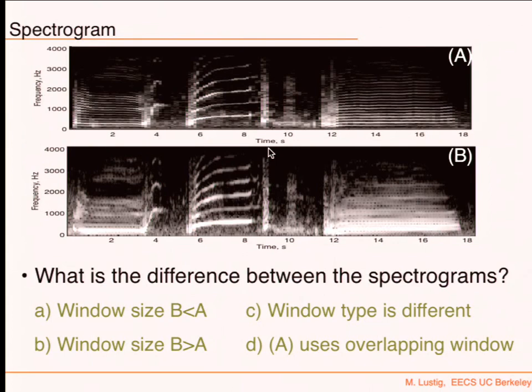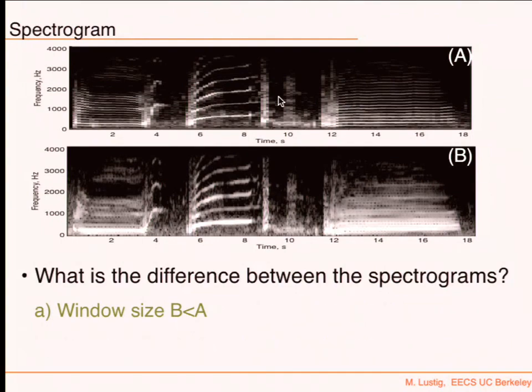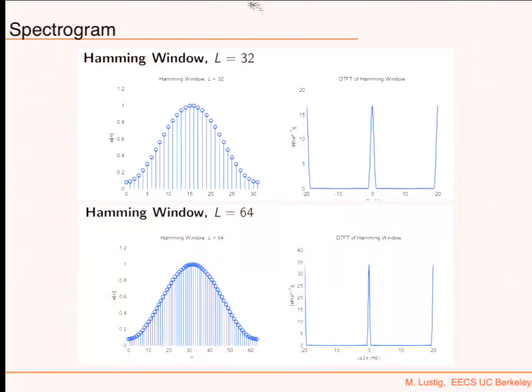But we lose some resolution in time, and there's some variation here that we can detect very nicely. Here it's hard. Here we can see changes over time, which here are blurred out. This one is a shorter window, and this one is a bigger window. With a bigger window, you have narrower resolution in frequency, so my frequency resolution is better.